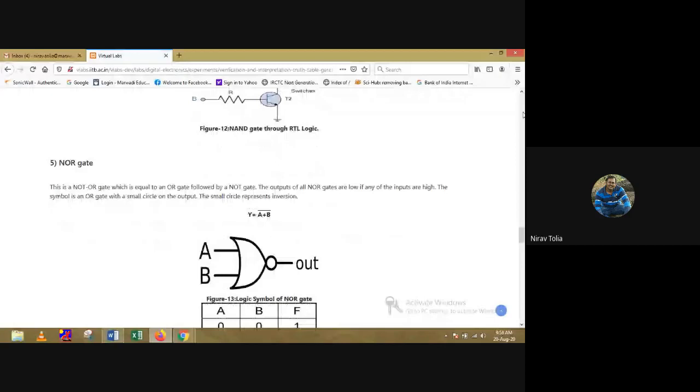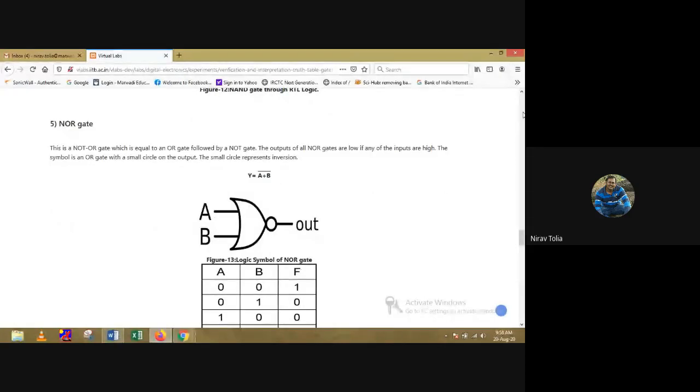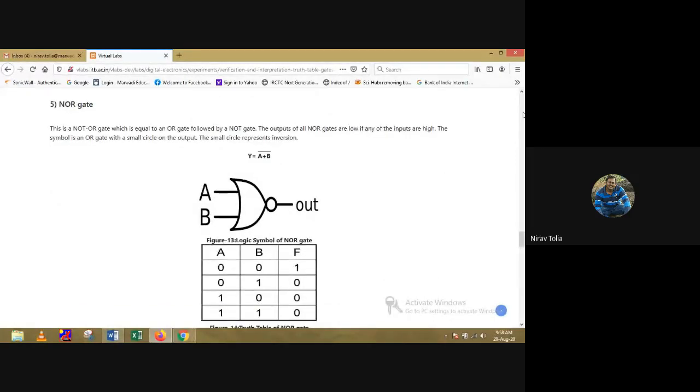Next one is the NOR gate. Again, it is the same thing as we have in the NAND gate. As NAND is a NOT AND gate, NOR is a NOT OR gate. If we connect a NOT gate at the output of an OR gate, then it becomes a NOR gate.